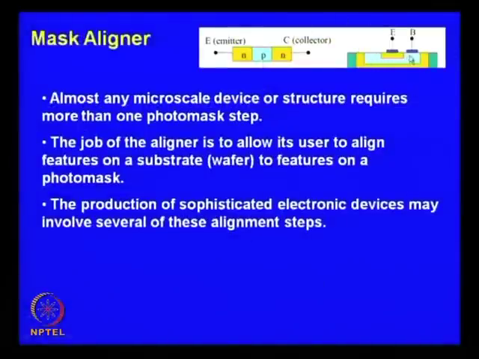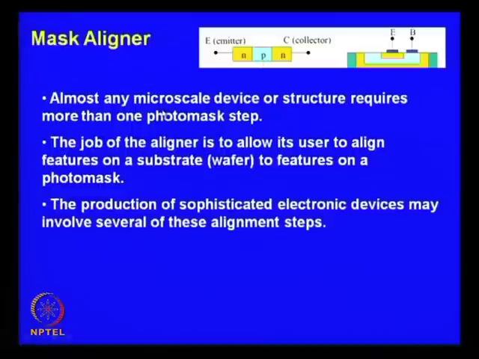You have some layer created here, then on top of that you want to create a thing like this. So, your subsequent masks have to be positioned with respect to the earlier positioning of the masks or the structures you have already created, or the variation in the exposure you have already created on the photoresist layer. This is what is achieved by an instrument called a mask aligner.